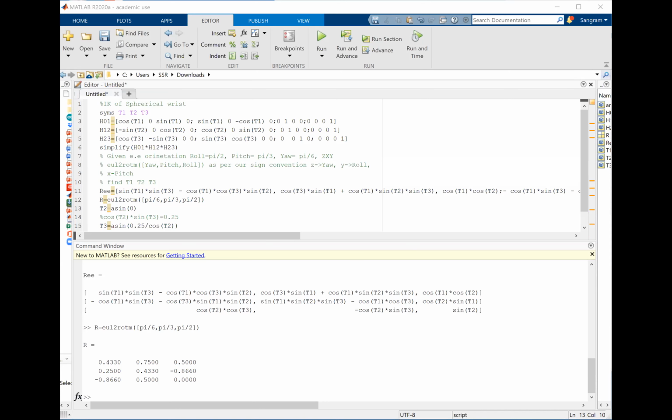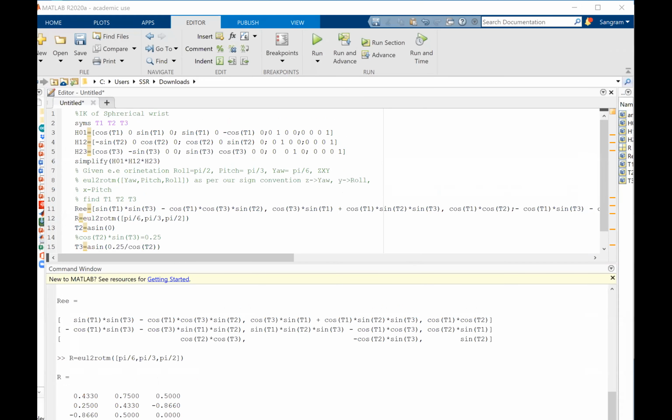Does MATLAB help say ZYX? Okay, let me see. I'm just using the default one. Oh, I see.